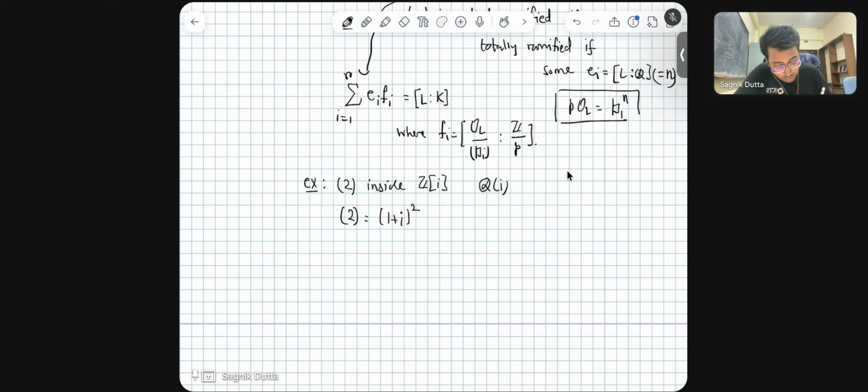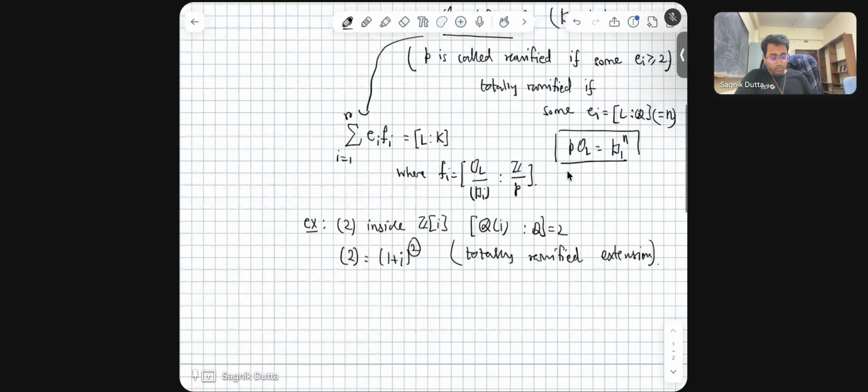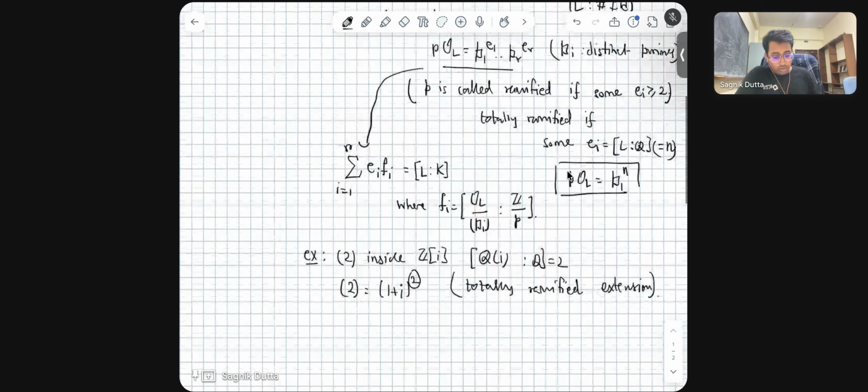So here the degree of extension is 2, as well as the power is 2. So it's a totally ramified extension. Alright, that's what a totally ramified prime is.